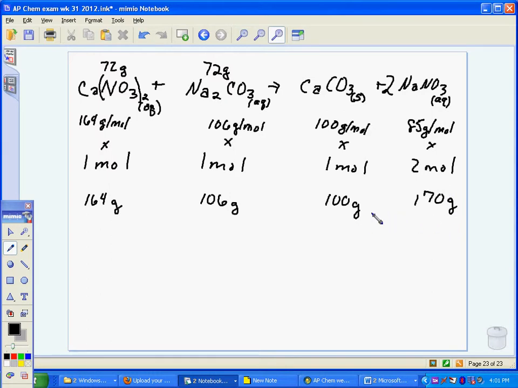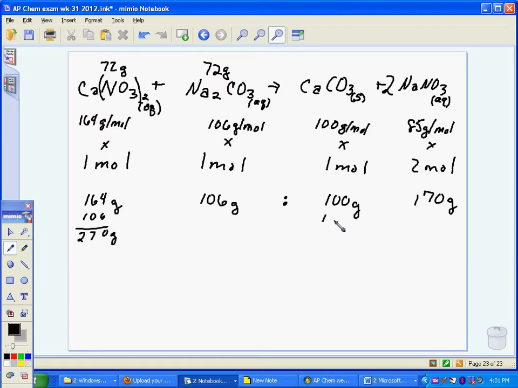And remember, this is the point where we can do our check and catch ourselves. If we've done something wrong in writing our formulas or calculating something, this is where we're going to find out what we did wrong. According to the law of conservation of mass, whatever's on this side should equal what's on this side. So I've got 164 plus 106, that's going to give me 270 grams on this side.